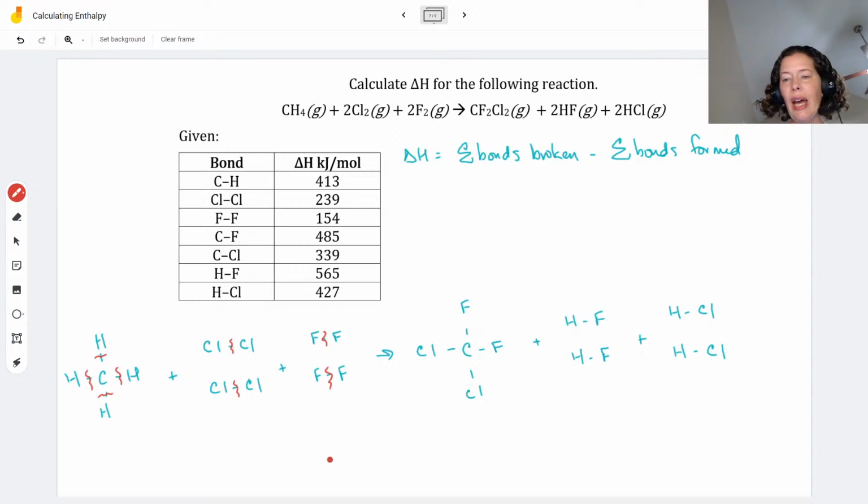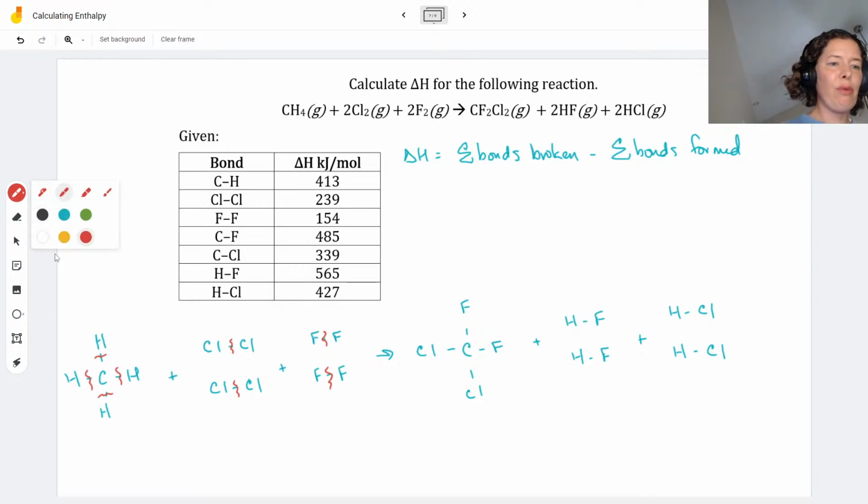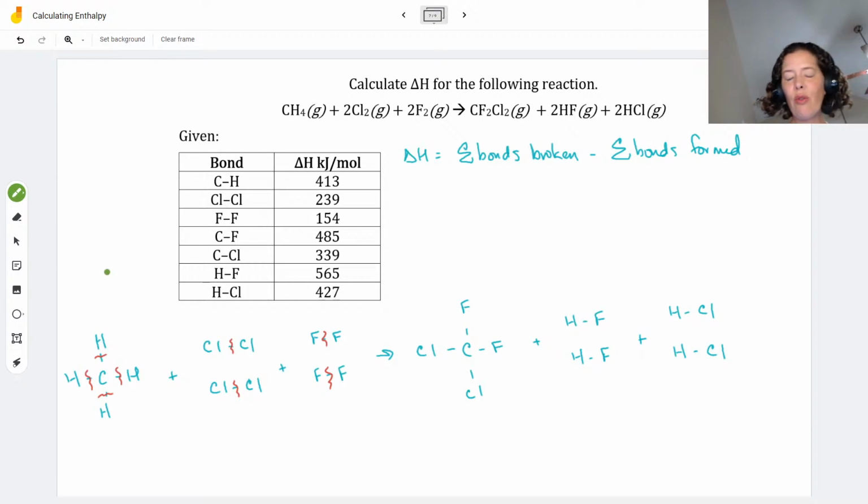Now I want to look at what bonds are formed. So instead of red, let's go green. I don't really like marking through the bond because these are bonds formed, so I think I'll use a check mark instead. Again, whatever notation makes the most sense to you, go for it. So these carbon-fluorine bonds are new.